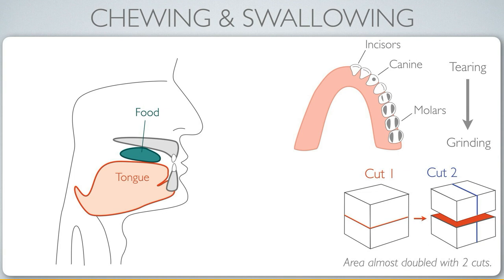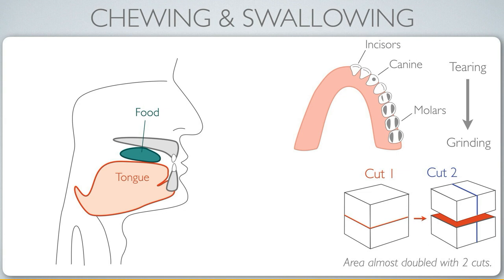That is, the total surface area that the enzymes might act on is doubled just with those two slices. So what's happening as you chew the food is not only are you making it smaller, so closer to molecular scale, but you're allowing the digestive enzymes to act on more surface of that volume and thereby begin to break down the food at a molecular scale.